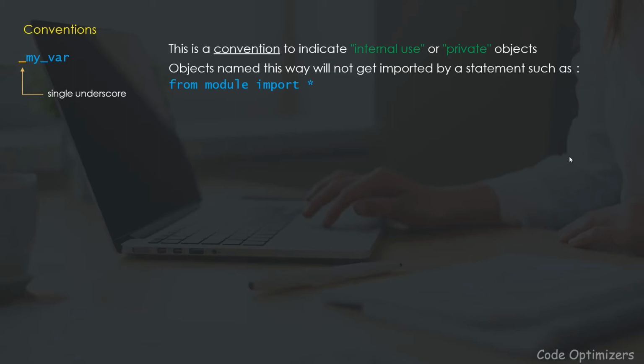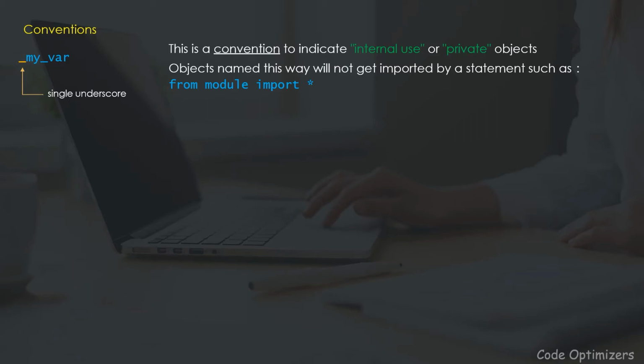So basically we are saying, hey, I want to indicate to anyone looking at my code or using my code that they really shouldn't mess around with this variable. So I'm going to give it an underscore as my first character. This is really just a convention.